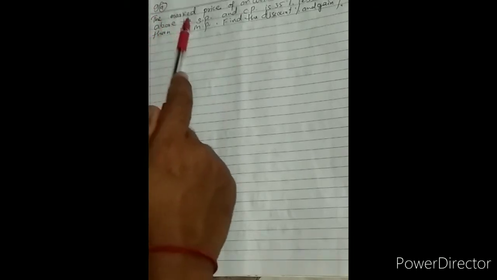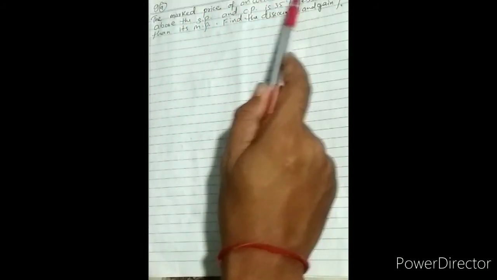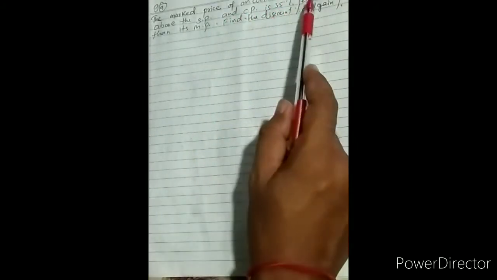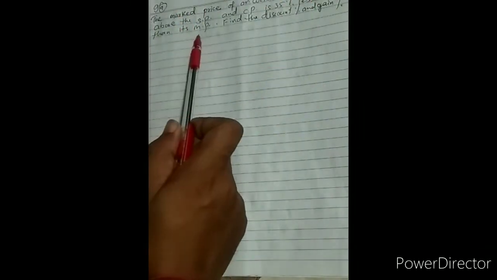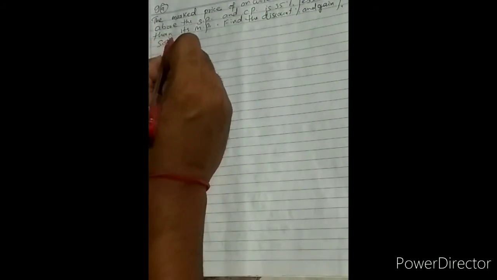Okay, next question. You can see there 9a: the mark price of an article is 25% above the selling price, and CP is 35% less than the mark price. You have to find discount percent and gain percent.